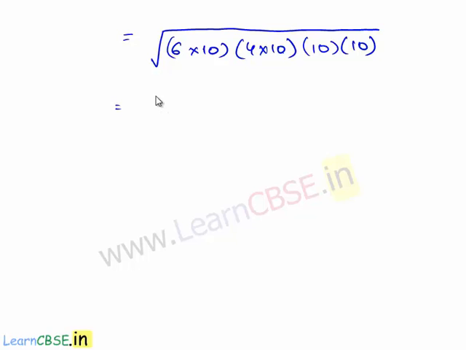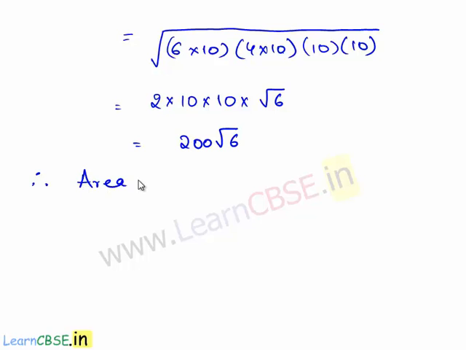So we are left over with 2 times 10 times 10 times square root of 6, which is 200 times square root of 6. Therefore, area of one triangle of the umbrella, that is triangle ABC, is equal to 200 times square root of 6 centimeter square.